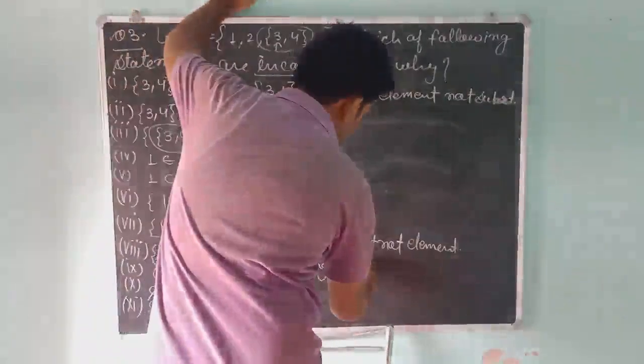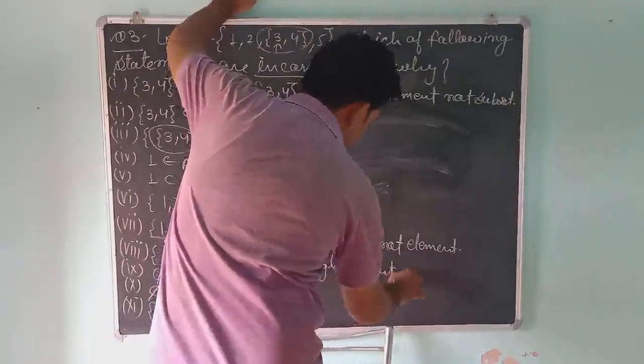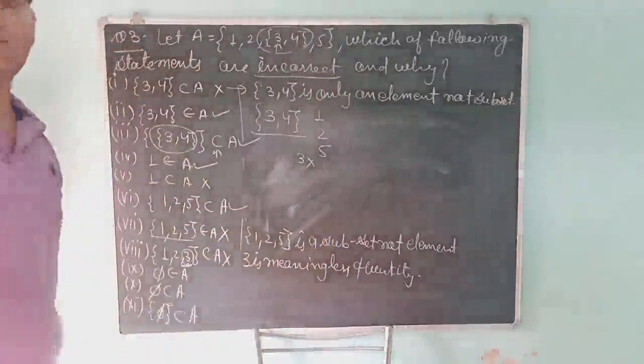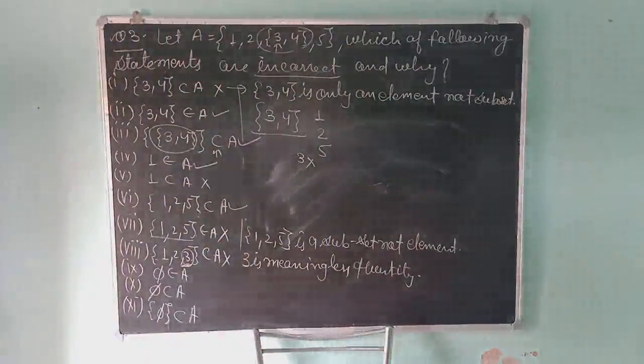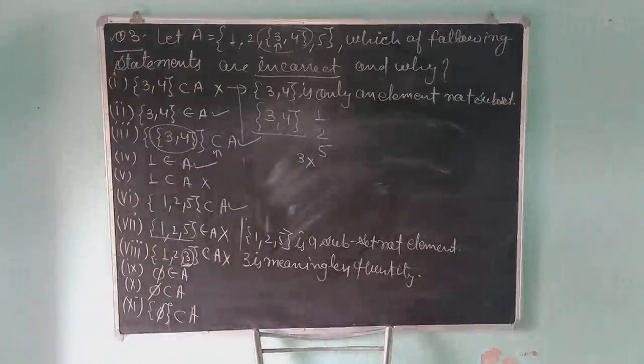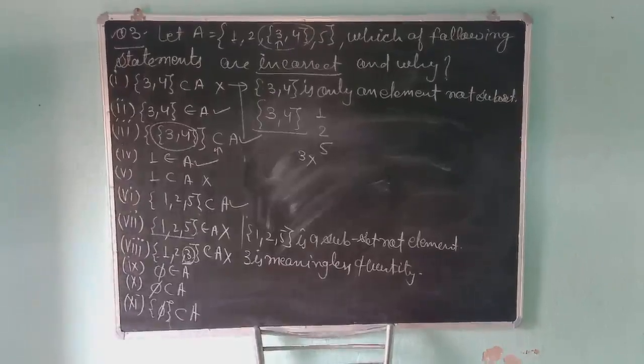And next you can also write 3. We can't separate 3 and 4 because 3 and 4 are already given in the question within brackets, so we can't separate them. And if we write 3 and 4 separately, they will be meaningless.